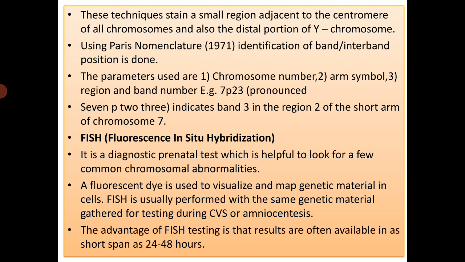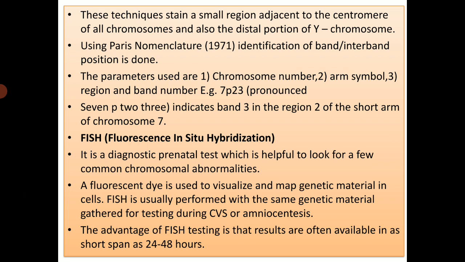Using Paris nomenclature 1971, identification of band and interband position is done, and the parameters used are: one, chromosome number, okay, whether it is 10, 15, 9, okay. Second, the arm symbol, that is P arm or Q arm.